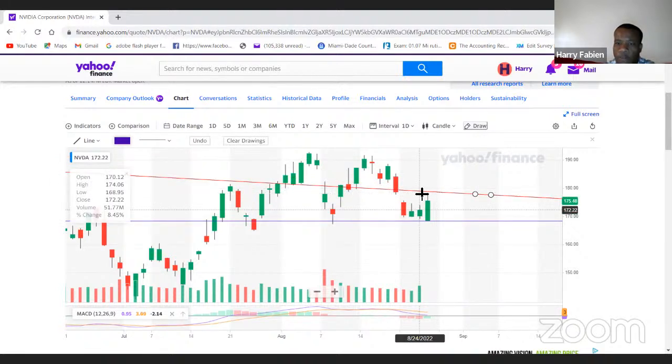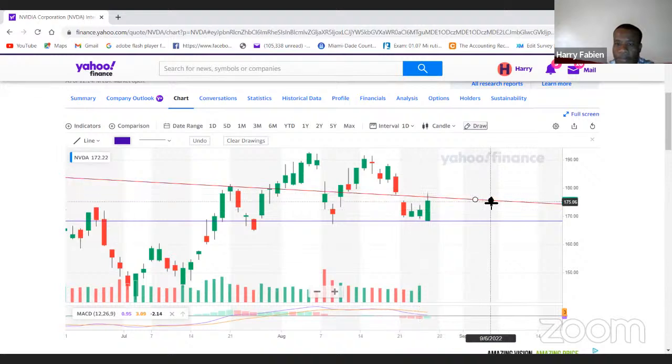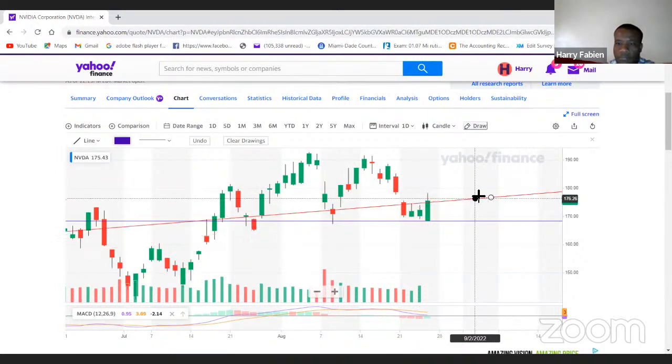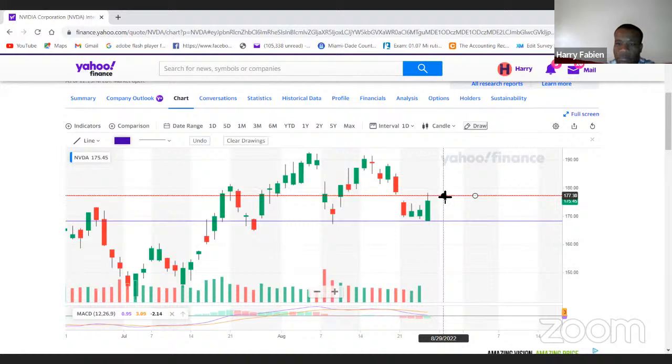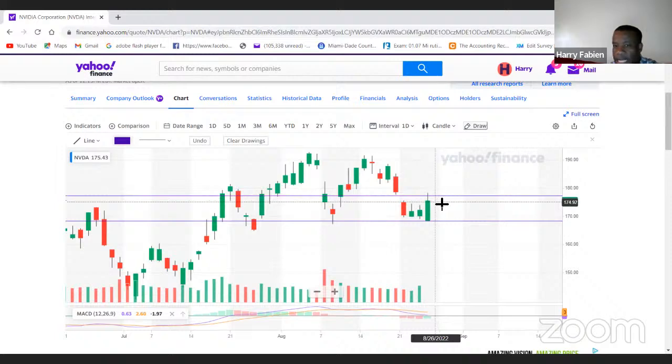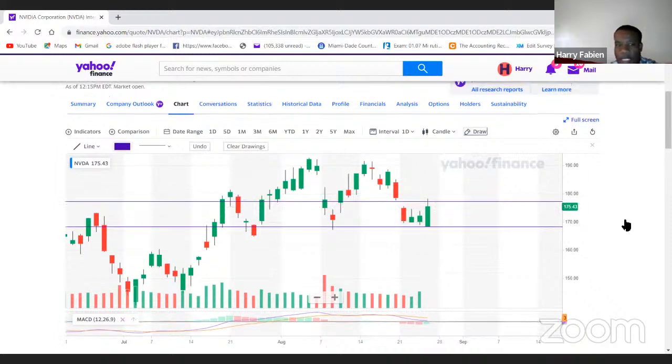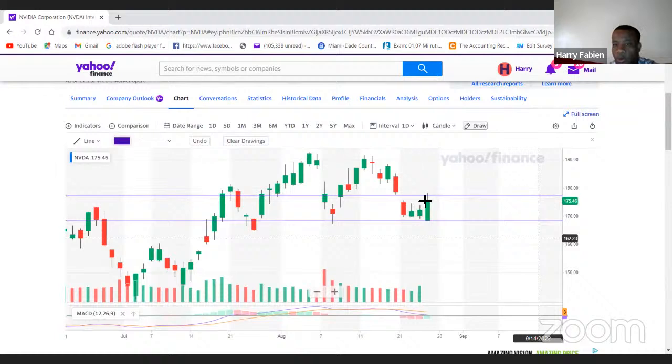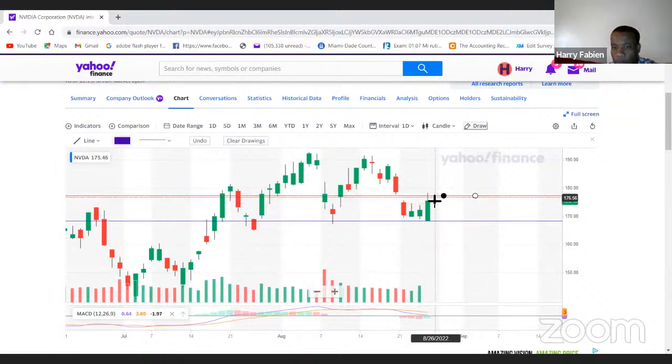All right. So that's it. See, that's a support. Whenever the price goes up, see, now it's not completely filled. The price actually is 175.46, like you can see here. If I put the mouse here it's 175.36.